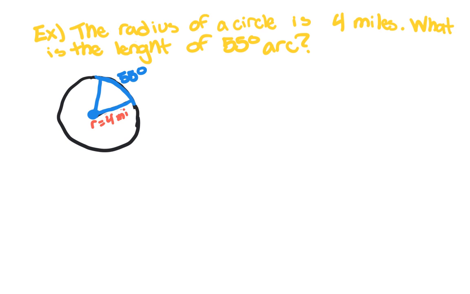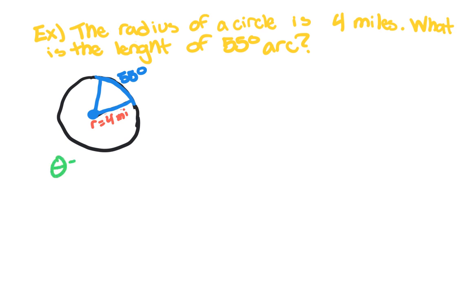So in your IXL, most of your homework assignment, you're just going to be plugging in things that you know. So our first example says the radius of a circle is 4 miles. What is the length of the arc? So if we look here at our picture, they gave us that arc, which then means I know what theta is.